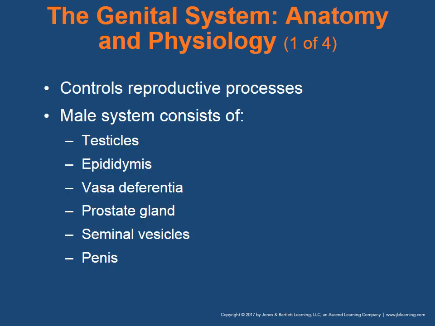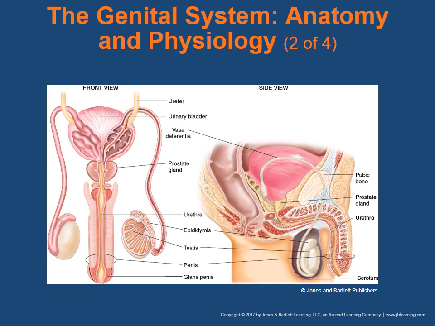So the genital system, anatomy and physiology, controls the reproductive process. The male system consists of the testicles, the epididymis, the vas deferentia, prostate gland, seminal vesicles, and the penis. Here's a diagram of it.